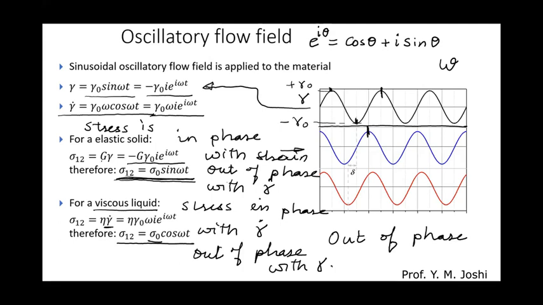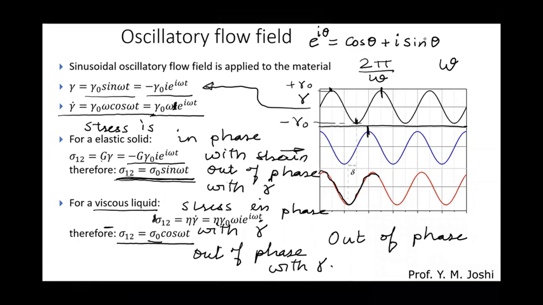You can then write down the observation time scale as 2 pi by omega. So if your omega is extremely large, which means the frequency is very large, then the observation time scale becomes very small. If your frequency is very small, then the observation time scale becomes very large.